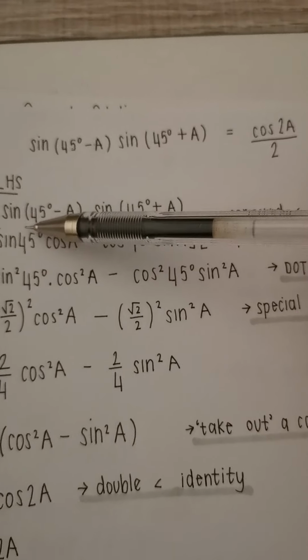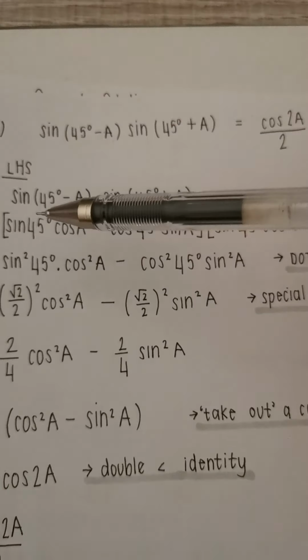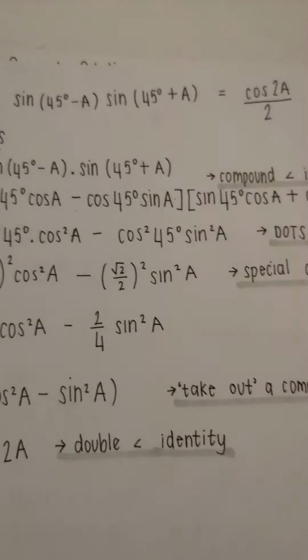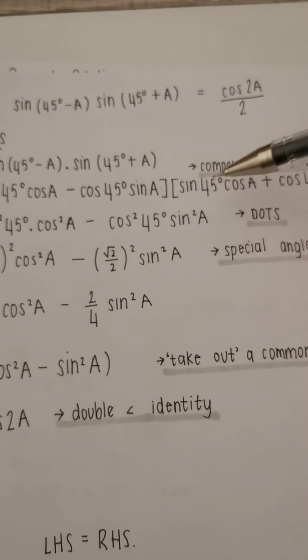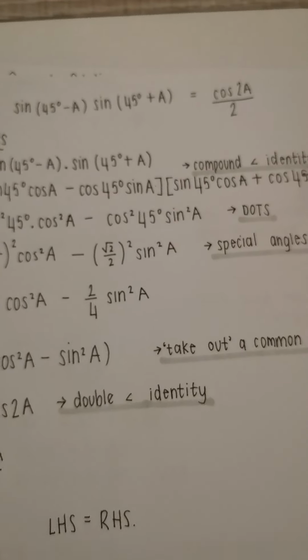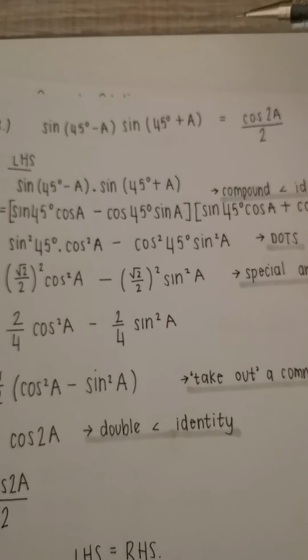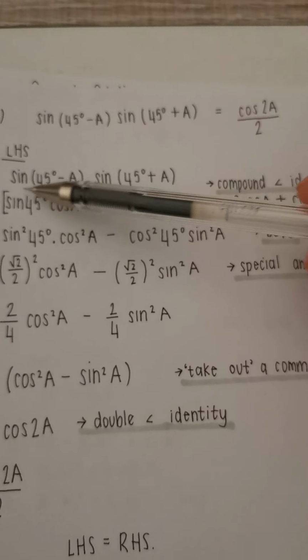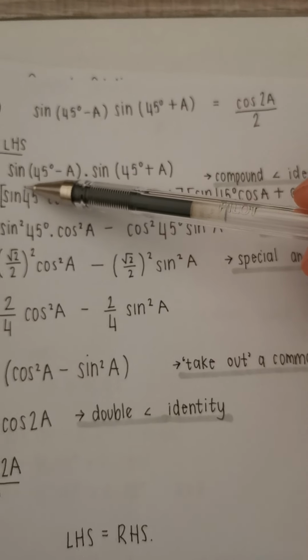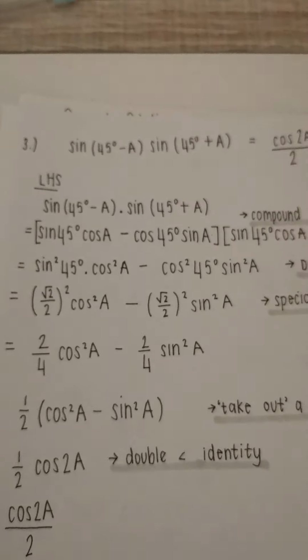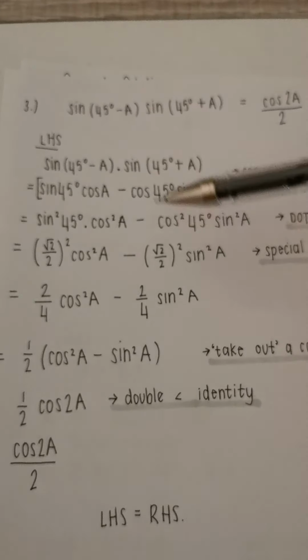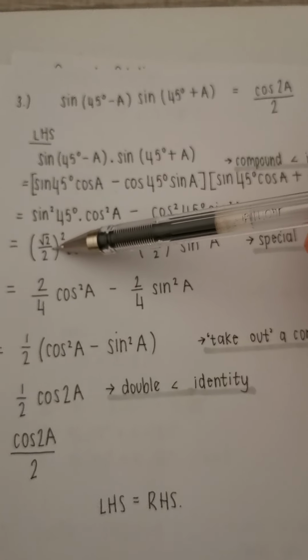Then I noticed there's a negative here, a positive here, exactly the same things over there. Therefore, it's the opposite of difference of two squares, right? Alternatively, what you could do is jump to the step where you put in the special angles, what they actually work out to, and use FOIL, right? Anyway, there's what the special angle works out to.